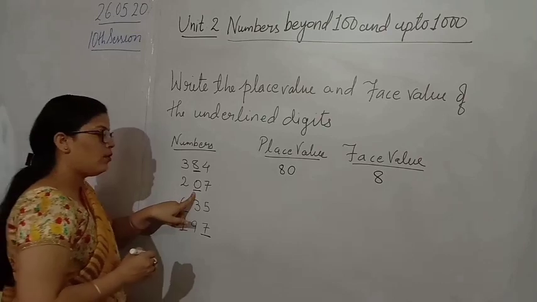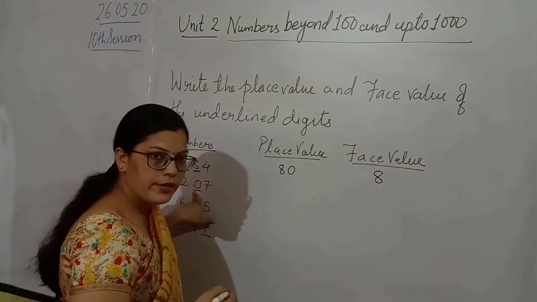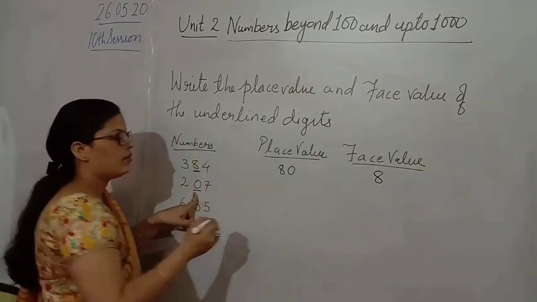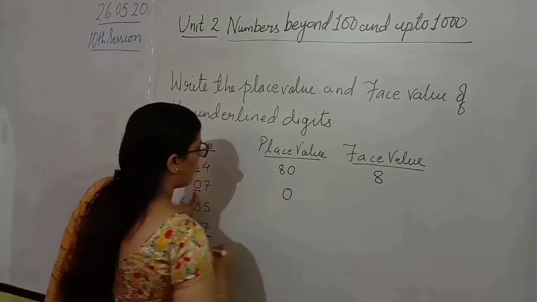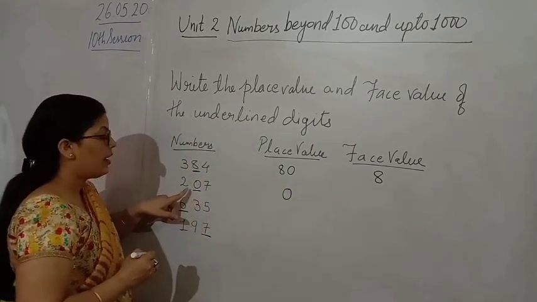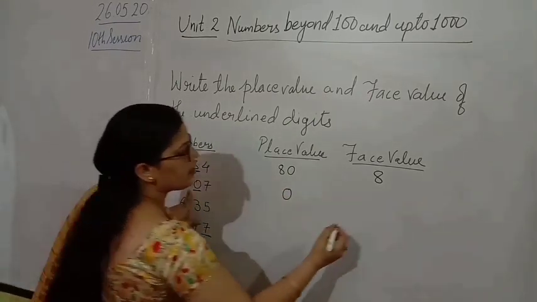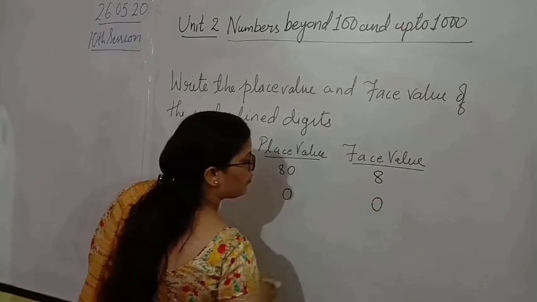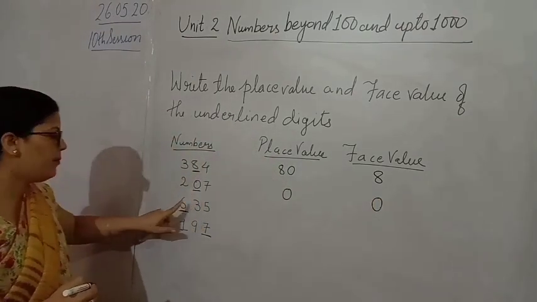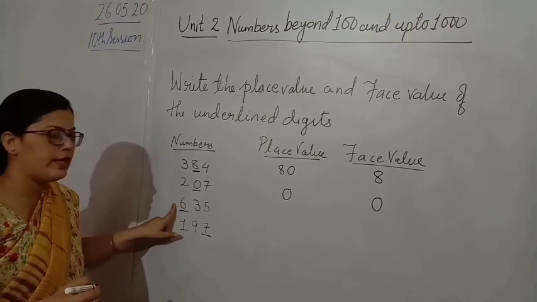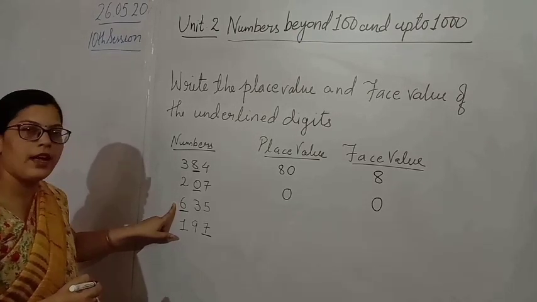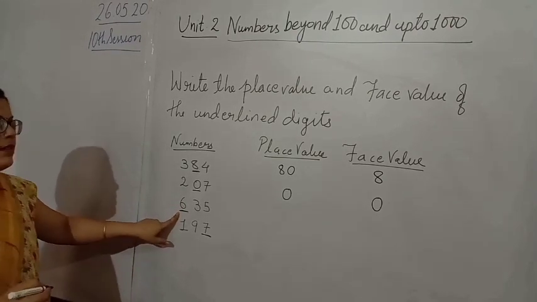Now we know that place value of 0 is always 0. So place value will be 0 and face value is the digit itself. So again face value will be 0. Now third number is 635. What is the underlined digit? 6.